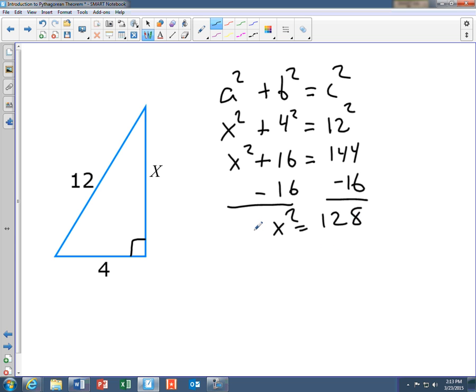Remember that the last step always is to take the square root of both sides. So I'm going to find out that the square root of 128 is x equals 11.31. Okay? So that's how you're going to do these problems.